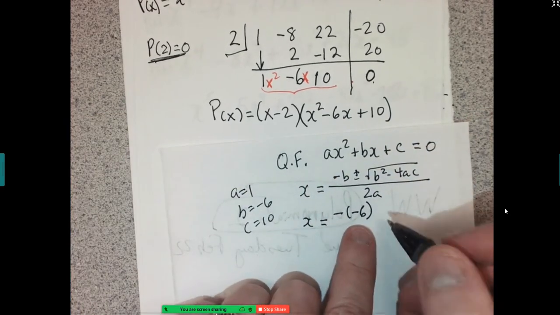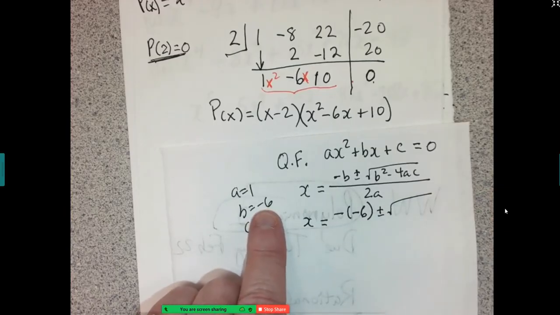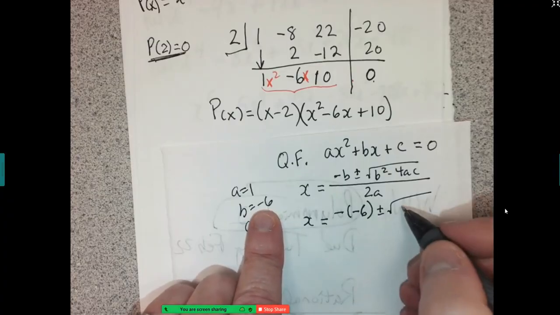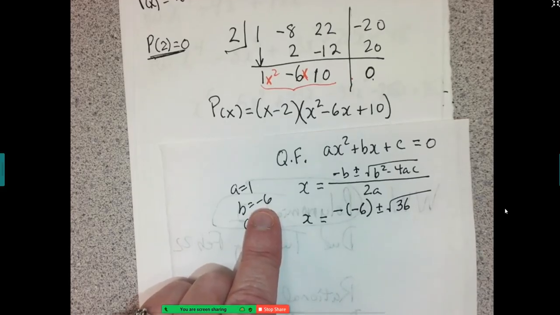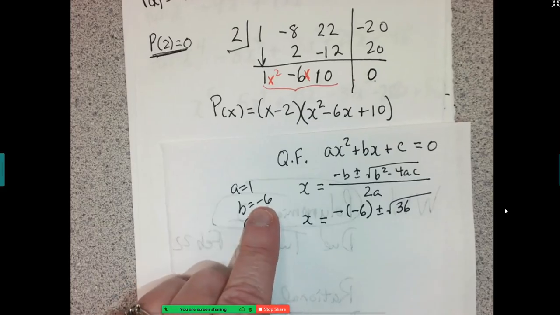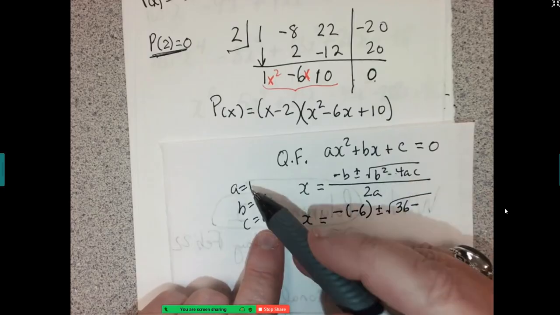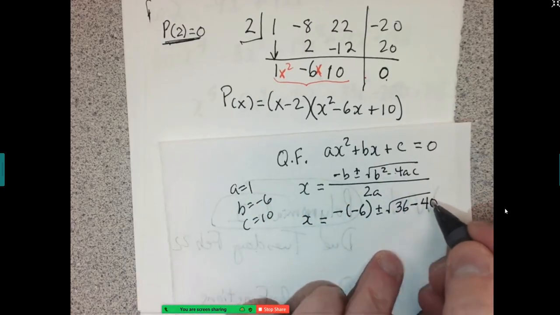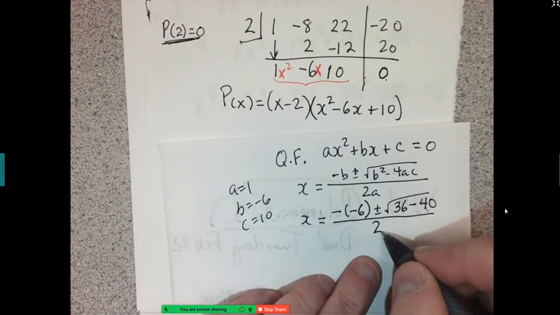So we'll have negative b plus or minus the square root of b squared. -6 all squared is positive 36, not negative 36. So you would have to put -6 in parentheses. So -6 all squared is positive 36, minus 4 times a times c, so minus 40. All over 2 times a, which is 2.